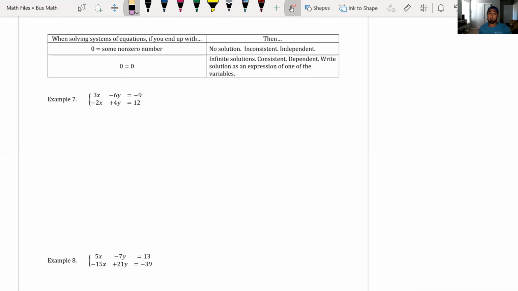So let's go and try these two examples out and see what we get. Hint, hint, it might be something in the box above. Worth a try though, right? Okay, it lets us practice the elimination method because that's what I'm going to use. It's a lot faster.